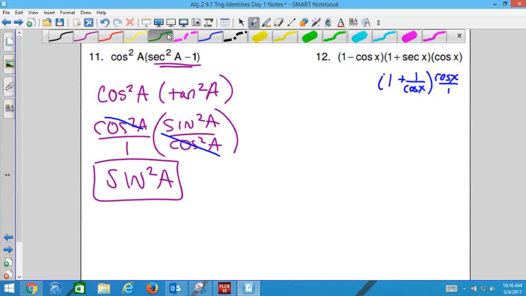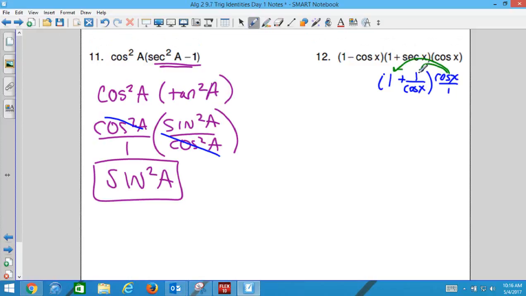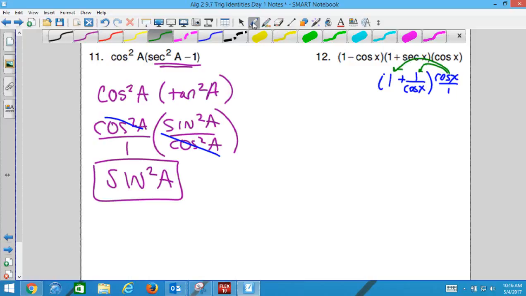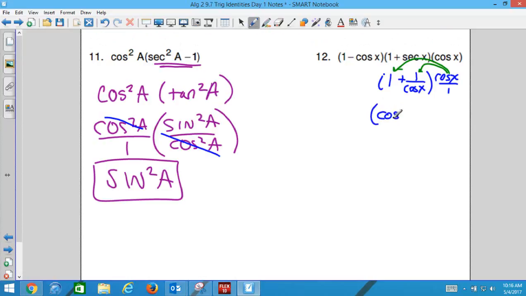We have to distribute it because there are 2 terms. But when I distribute to the second term, something nice happens. The cosine x over cosine x cancel out. So I'm distributing cosine x times 1 and I get cosine x. I'm distributing cosine x times 1 over cosine x and I get 1.